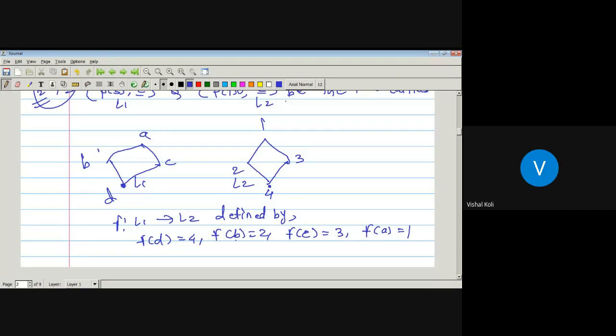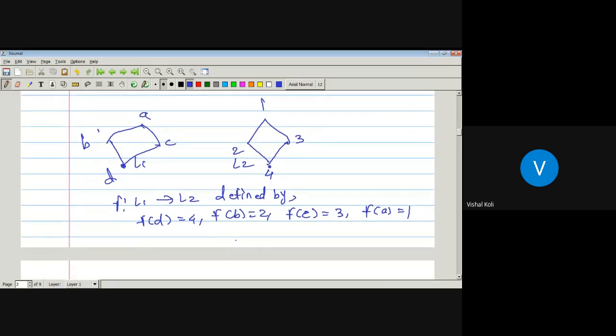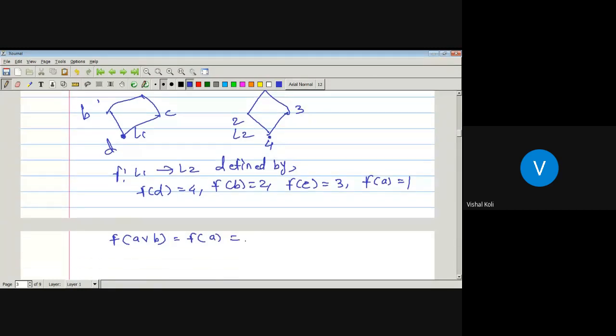Yes, sir. Yes. Now it remains to check whether the function is a homomorphism or not. Let us check. If we take the elements a and b, then what is a join b? Which is nothing but a. And what is the f image of a? Which is 1.